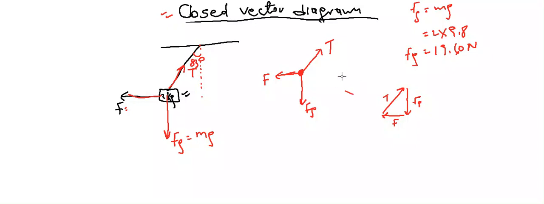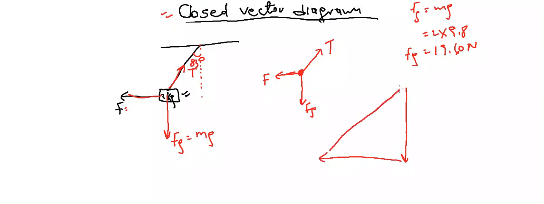Let me make it bigger. So we have these forces, the downward force, which is going down. Then we have the force applied, and then we have the tension, which is going in that direction.